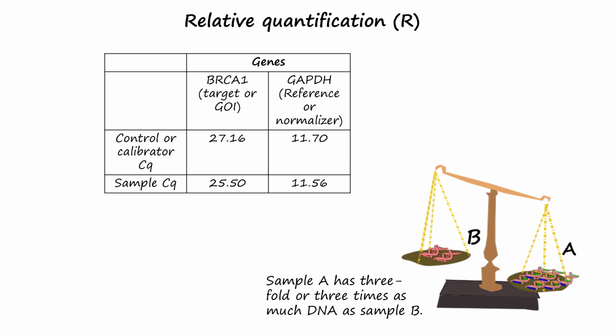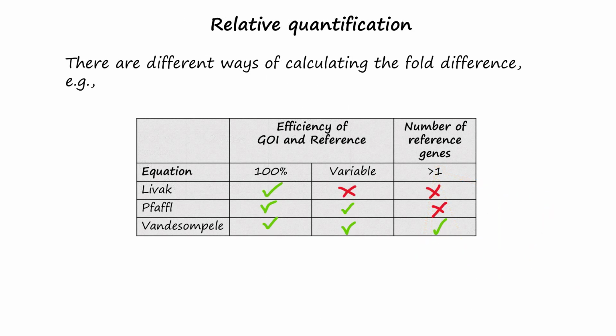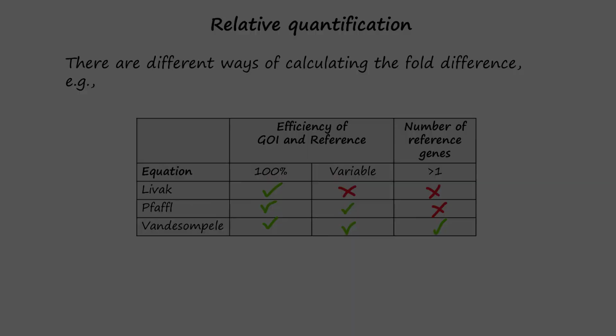The results are expressed as fold change increase or decrease in the treated sample to the untreated sample. For example, sample A has threefold higher, or 3 times as much, DNA as sample B. There are a number of ways of calculating the fold difference, each with its benefits, drawbacks, and limitations.